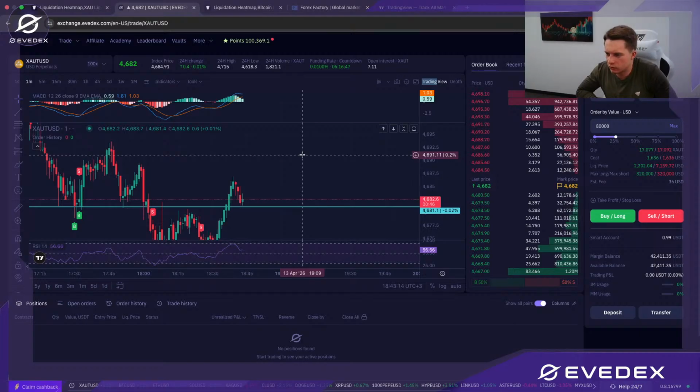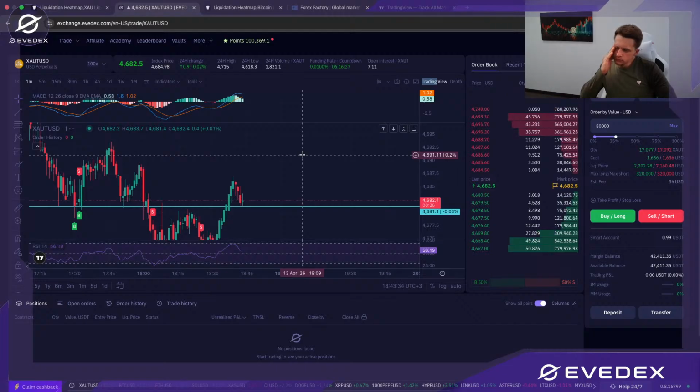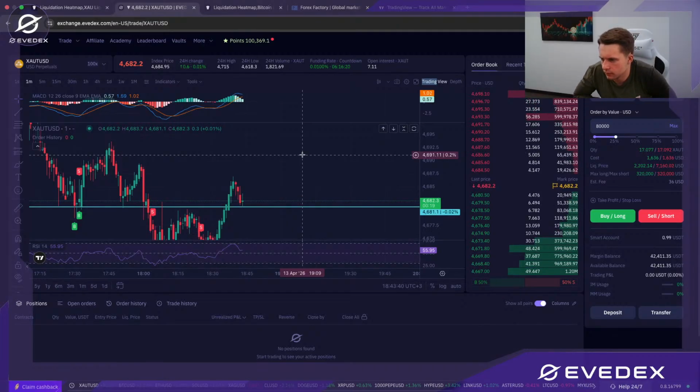Both of those candles have been slightly above it. Now that candle has touched it perfectly.